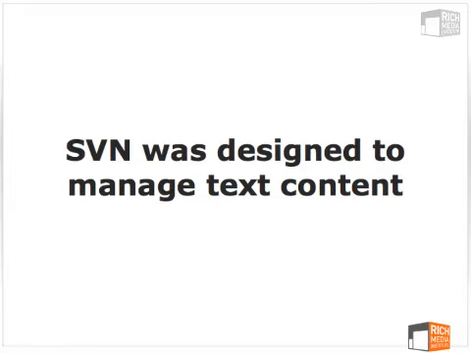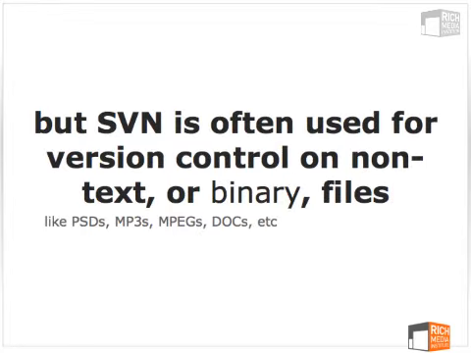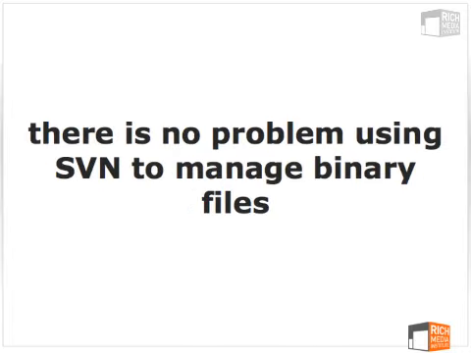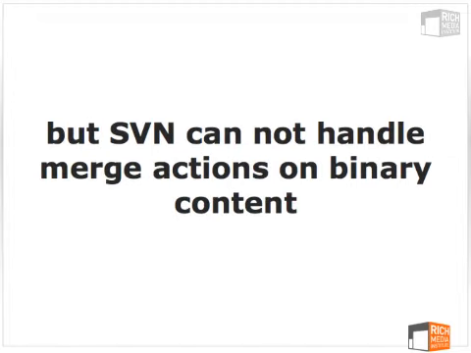Secondly, always lock all non-text-based files when working with them in SVN. SVN's merge tool is not capable of merging non-text-based files. So if you make changes to a file locally in your working copy and another user is making changes simultaneously in their working copy, only one set of changes will actually be kept because SVN cannot merge those two files.